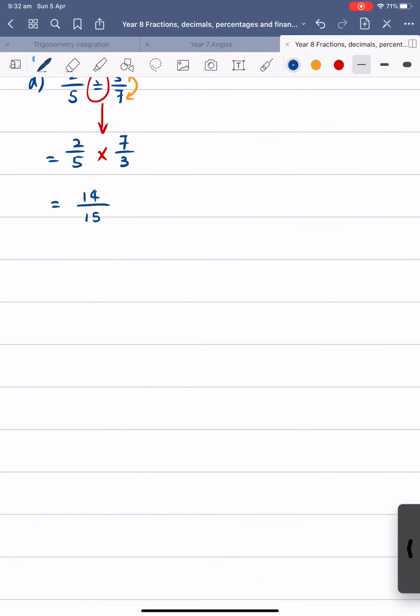All right, the next one. How about 5 over 8 divided by 15 over 16? Same thing. We are going to change that into multiplication and switch the numerator and denominator. So 5 over 8 times 16 over 15. Now this time, remember what I told you before. Instead of multiplying the numerators and denominators, can we simplify first?